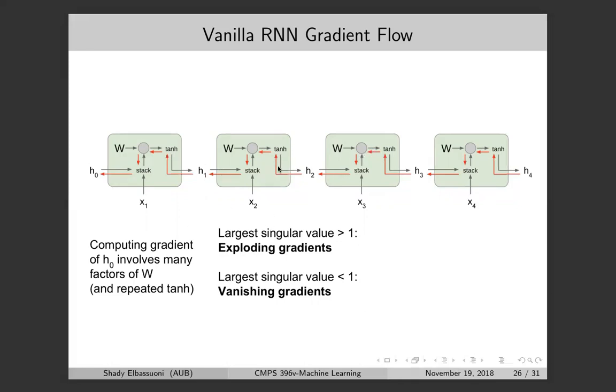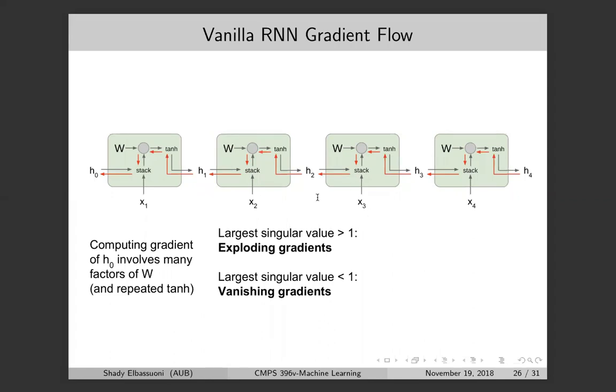This successive multiplication is as if you're doing W times W, that's W squared, times W, that's W cubed, times W, that's W to the 4th, and so on. So even with only 4 time steps, this repeated multiplication of W causes the gradient to explode or vanish.